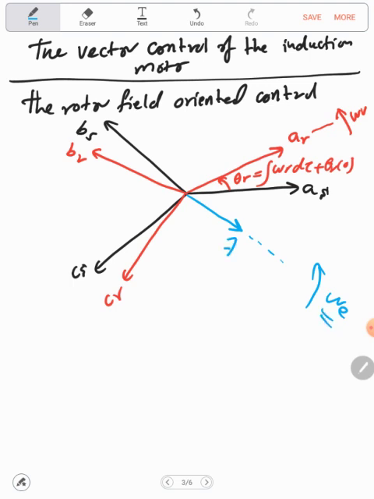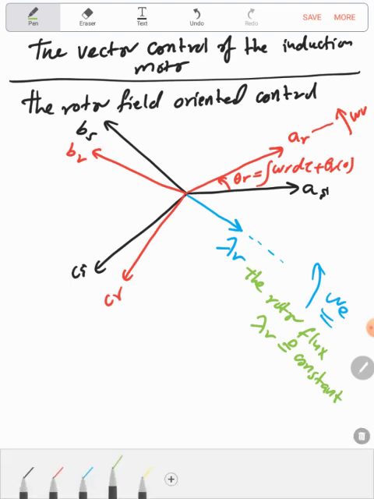And this is lambda r, the rotor flux. By assumption, let's assume that omega r is constant. Although in the stationary reference frame it's alternating, in the synchronous rotating reference frame, any sinusoidal signal rotating by the synchronous speed is seen as constant.